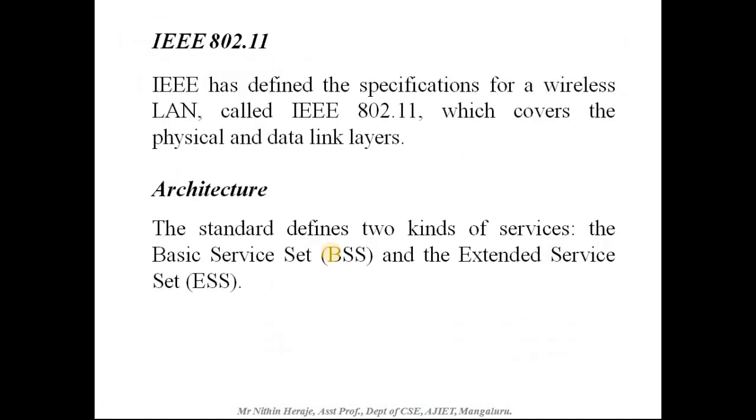Next, coming to IEEE 802.11, which is a standard set by the IEEE for wireless LAN. Coming to the architecture, it defines two services, that is the basic service set and the extended service set. We'll look into them one by one.